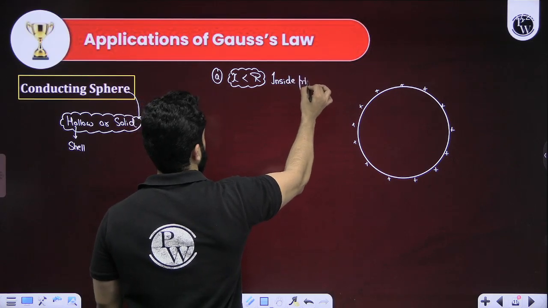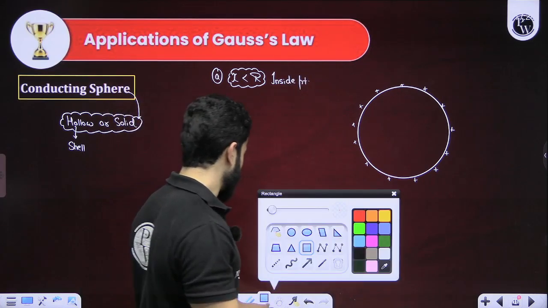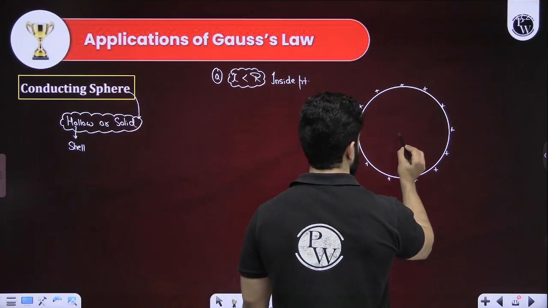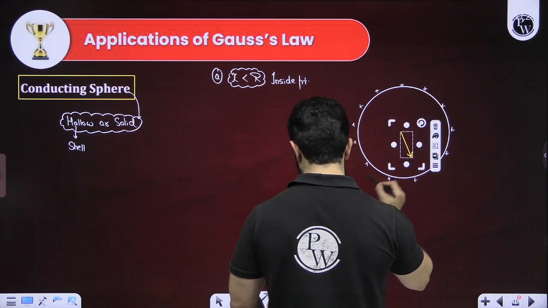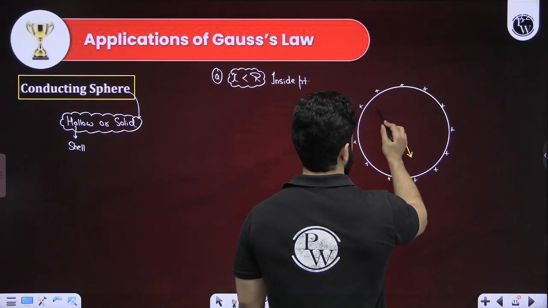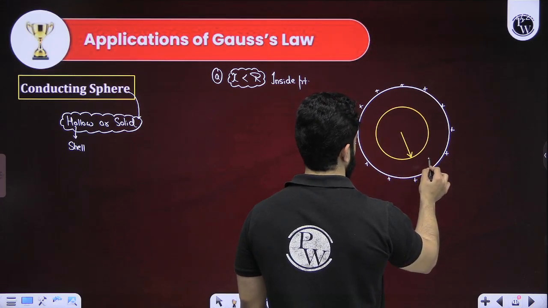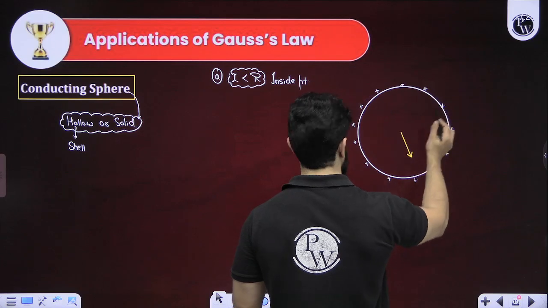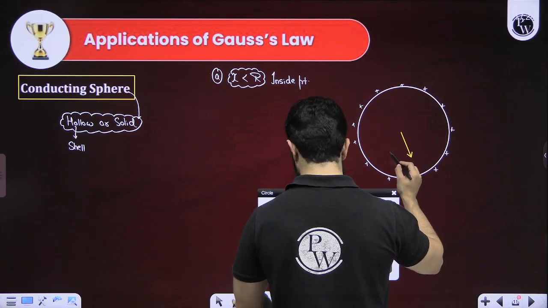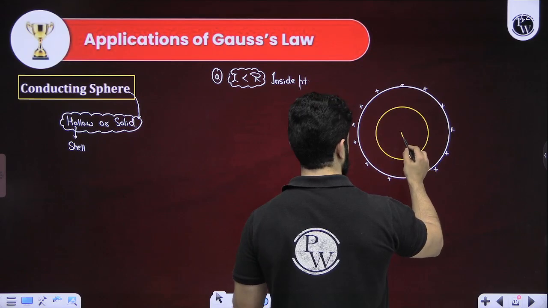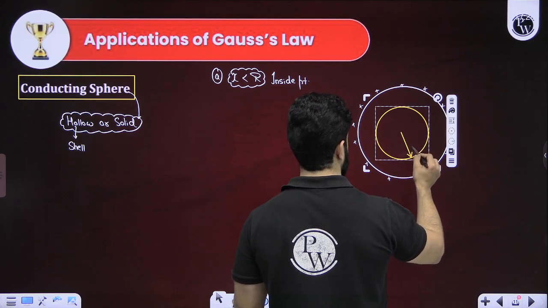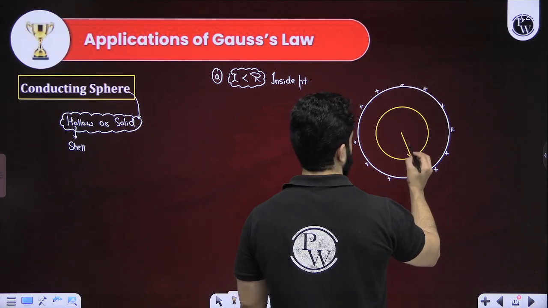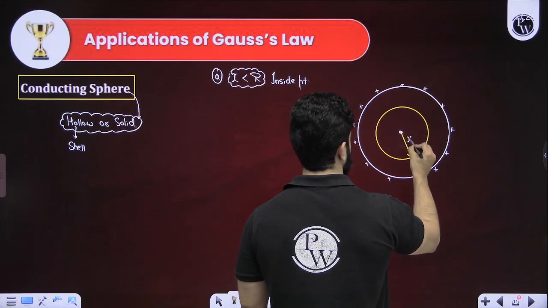At an inside point. So inside point basically means let's draw a Gaussian surface from center to an inside point, and that will be drawn something like this. Right? So this is x.